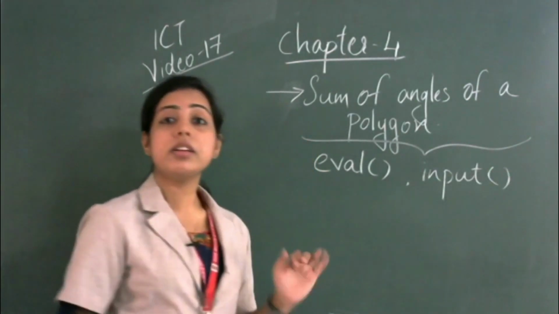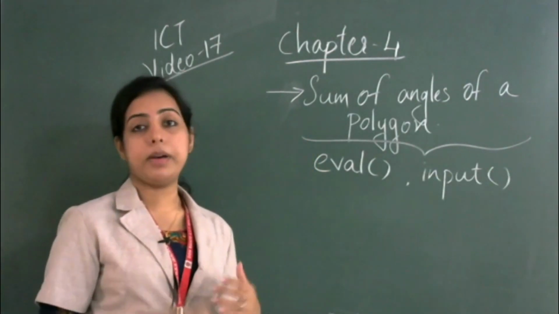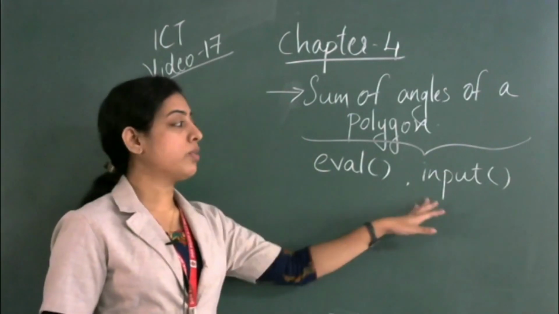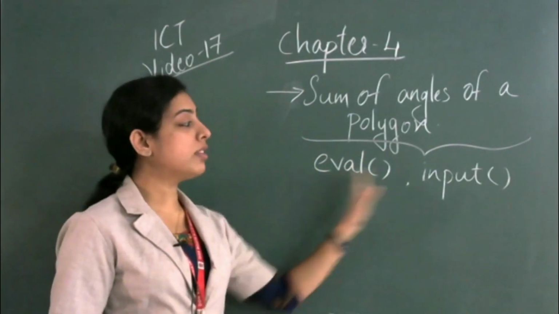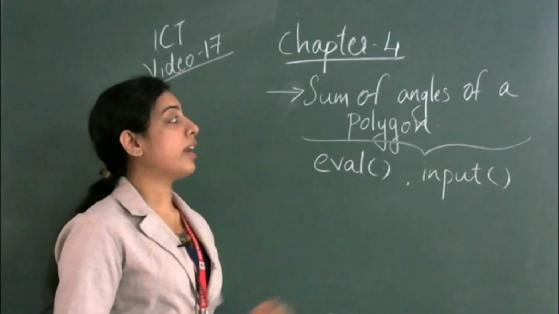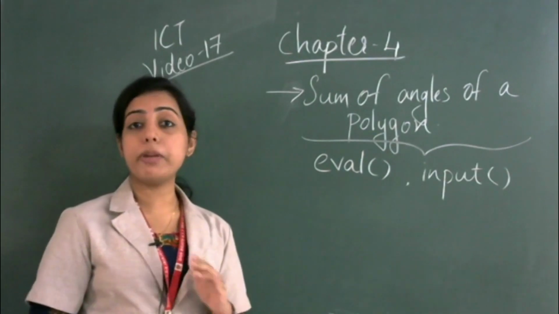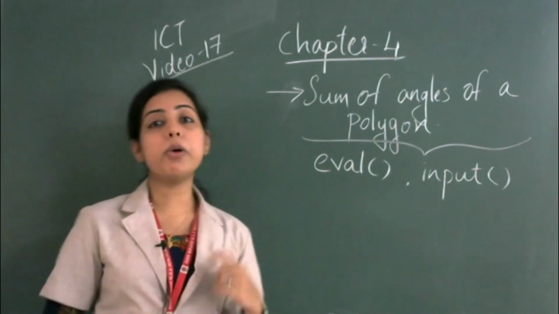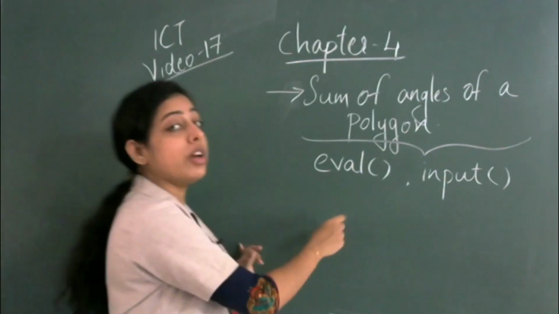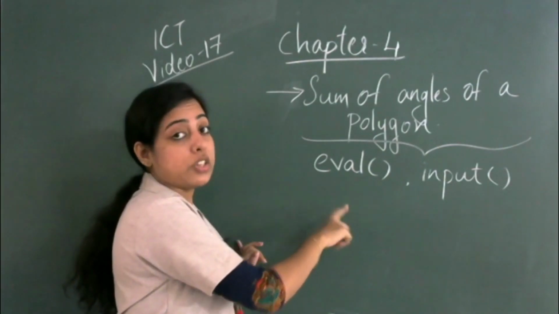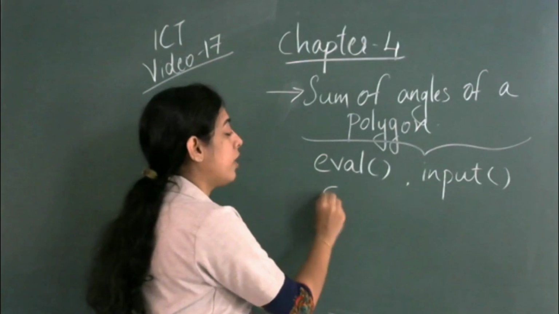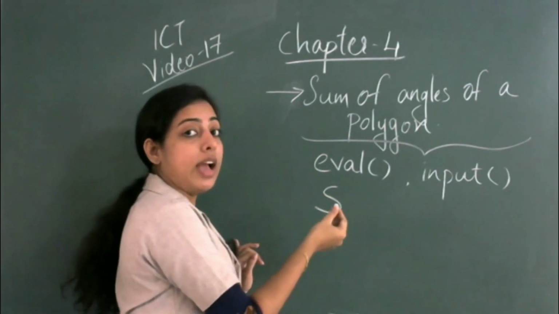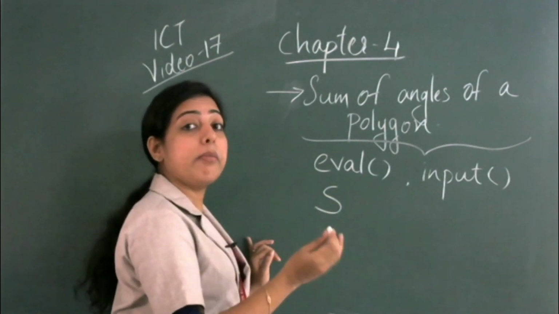Input for what? To enter a number or to enter something, we use the input function. By using these two functions we are going to find the sum of angles of a polygon by writing the program instructions, and the computer will do the operation using the equation for the sum total of angles of a polygon when we enter the number of sides.